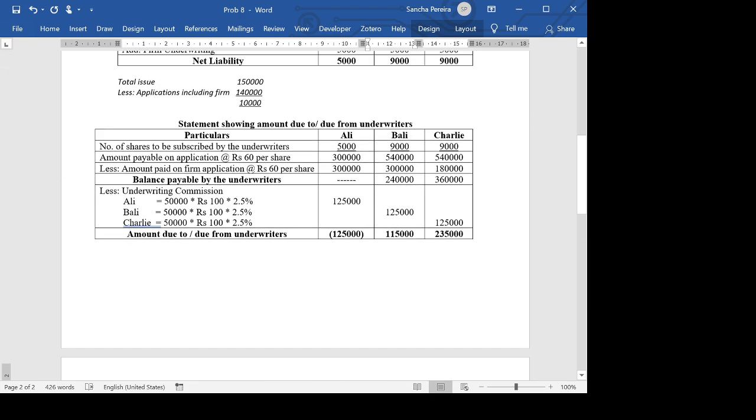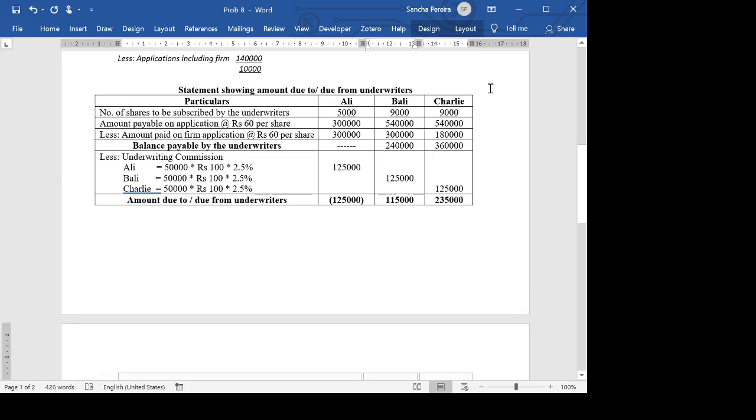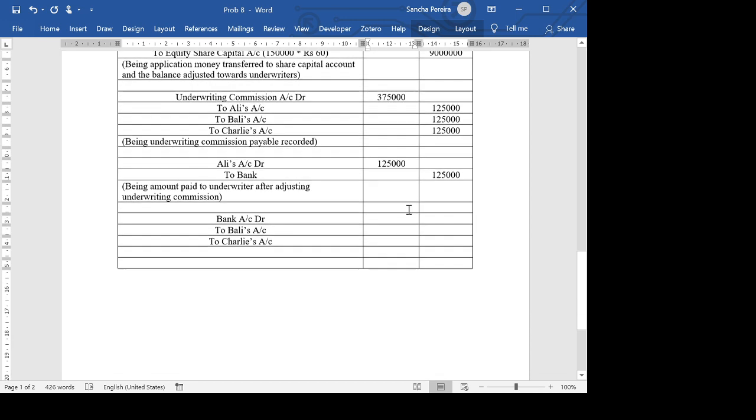In case of these two, it will be 1,15,000 plus 2,35,000. That will be 3,50,000 in total. So the company is going to receive 3,50,000 in total.